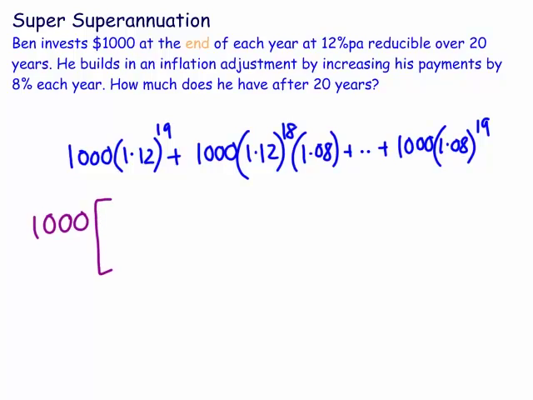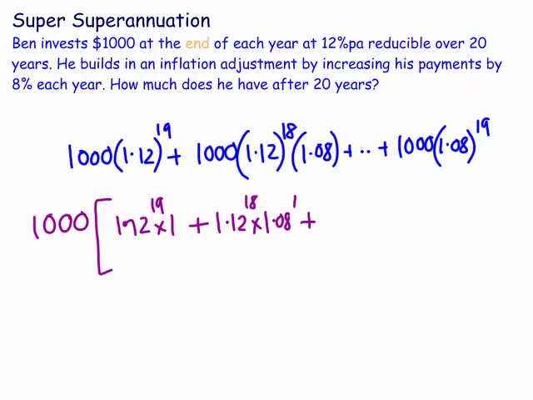Well, the first term we have is 1.12 to the power of 19, and I'll put a 1 in here as well. Plus 1.12 to the 18 times 1.08 to the power 1, if you like.